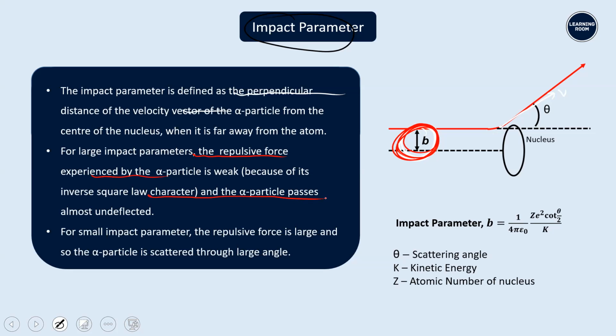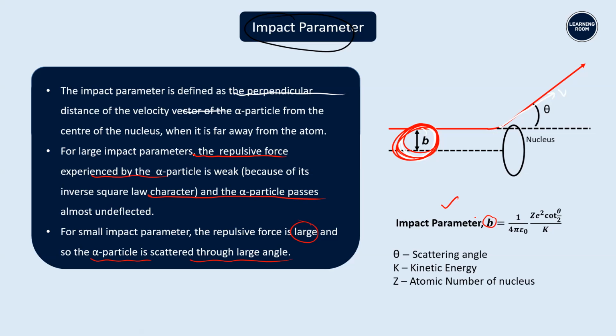For small impact parameters, the repulsive force is large, and so the alpha particle is scattered through a large angle.